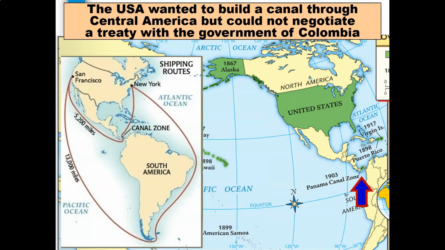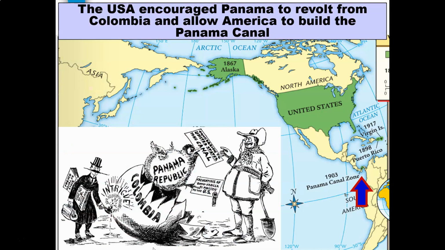The United States also wanted to build a canal through Central America, but could not negotiate a treaty with the government of Colombia. Since it could not negotiate a treaty with the government of Colombia, it decided to create a war between Panama and Colombia. The United States was able to encourage Panama to revolt from Colombia and allow America to build the Panama Canal.